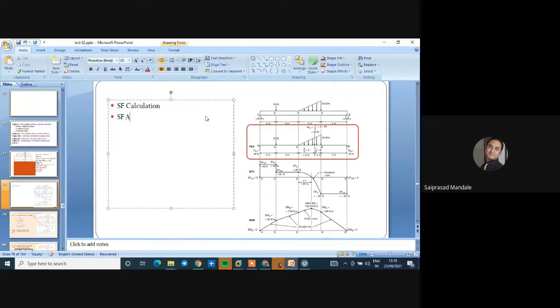SF left of A, SF right of A, and C, D, E. Team chart: A, then C, then D, and E. And the last is B.